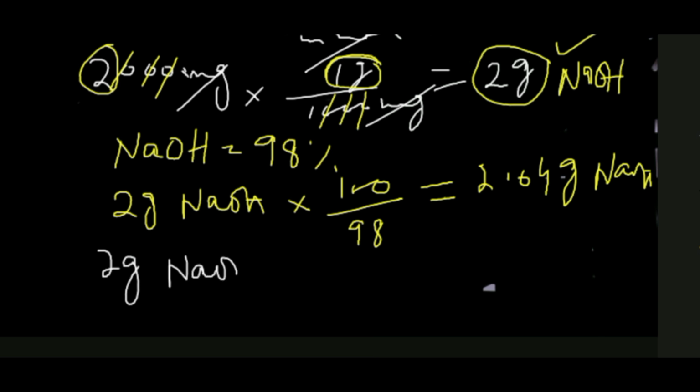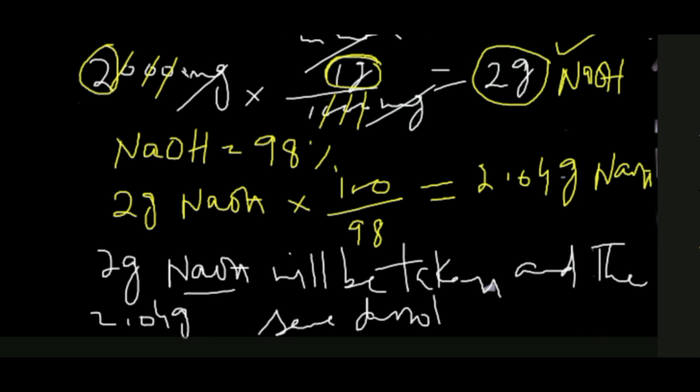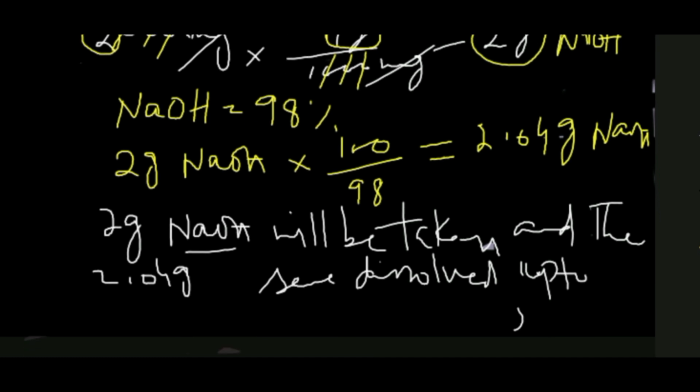So we can write here that 2.04 gram of NaOH will be taken and dissolved, and the same dissolved up to 500 ml in a flask.